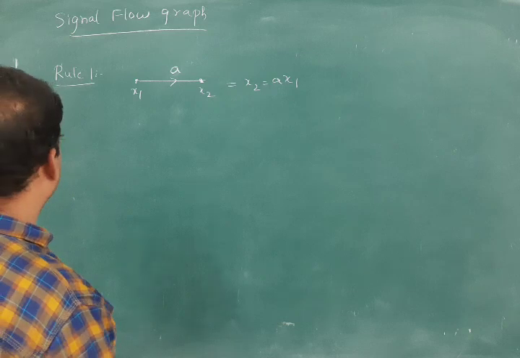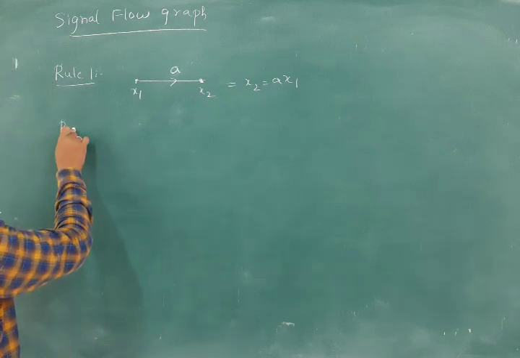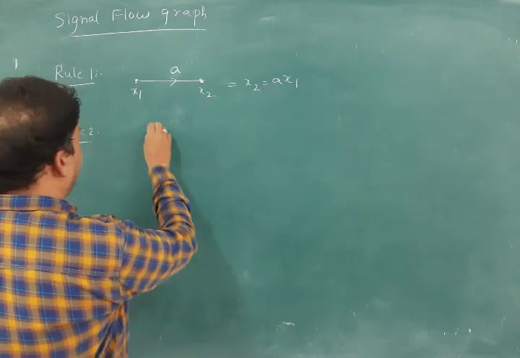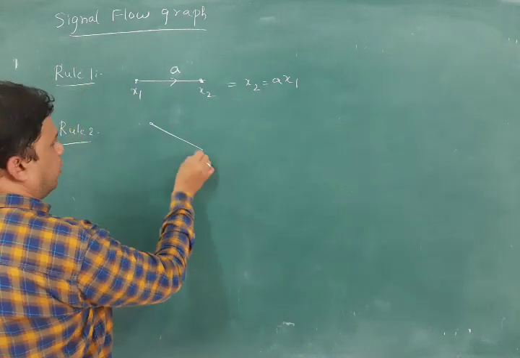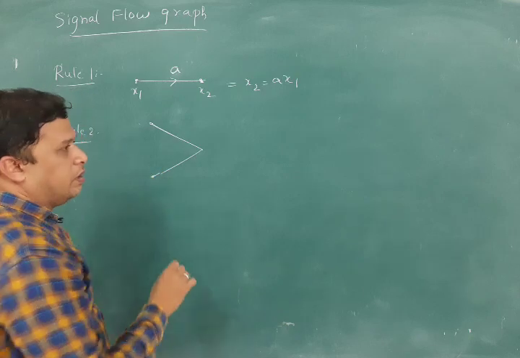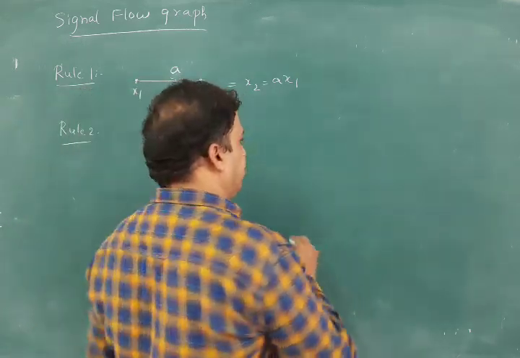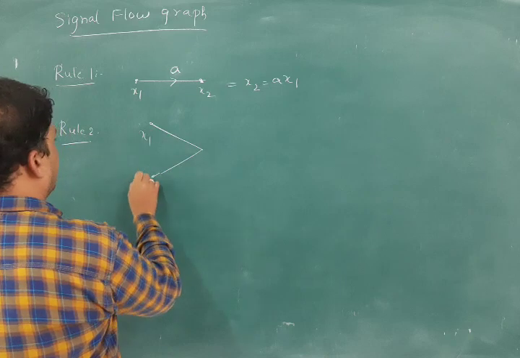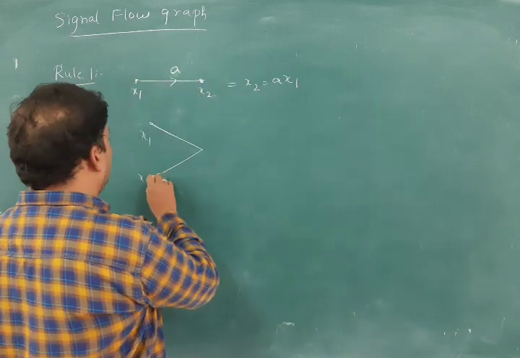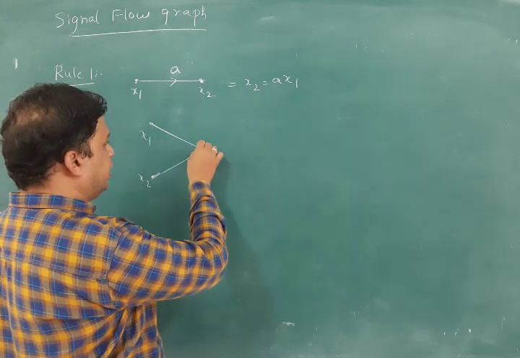Next, the second one. What is rule 2? We will see now. Here x1 and x2 are two nodes, represented like this.